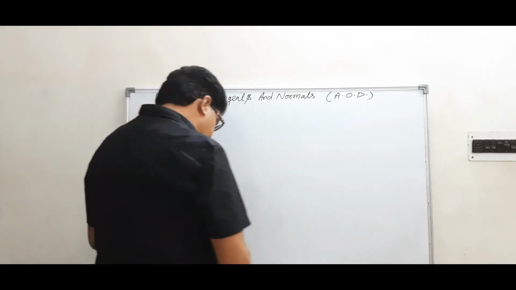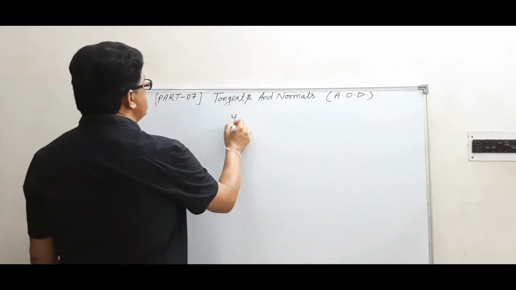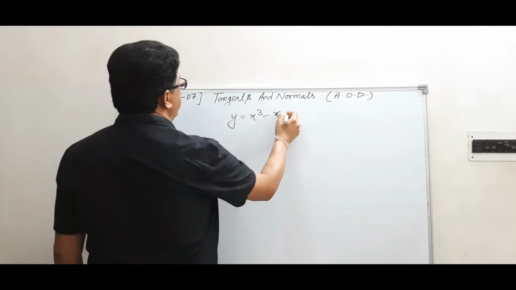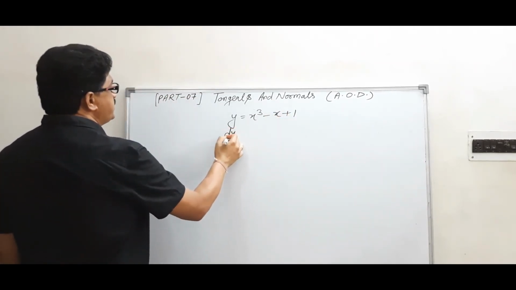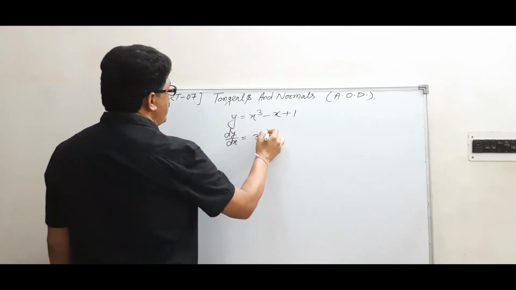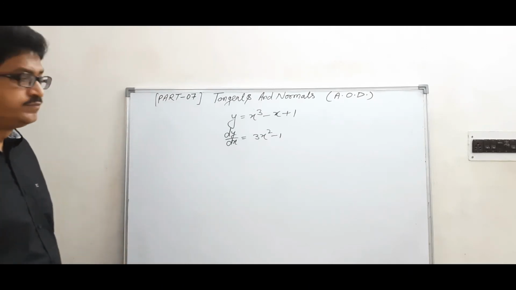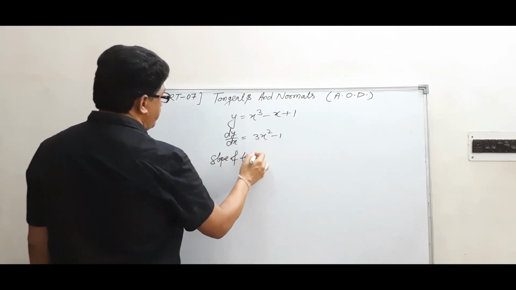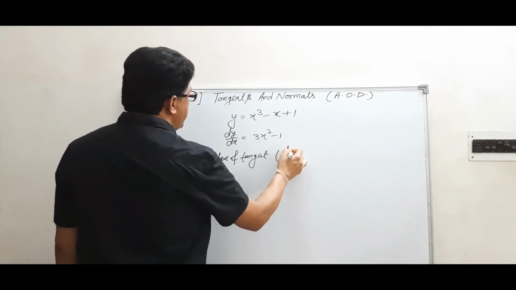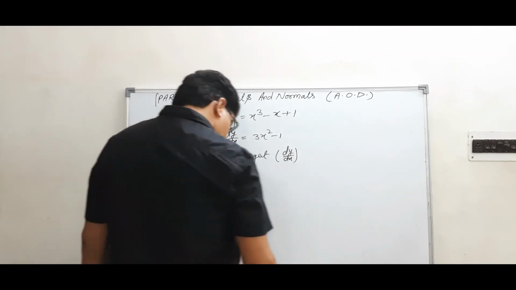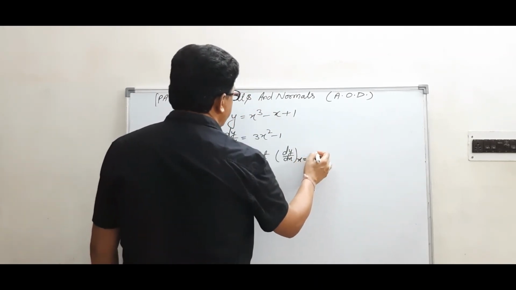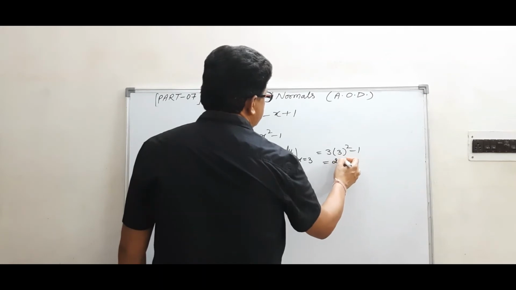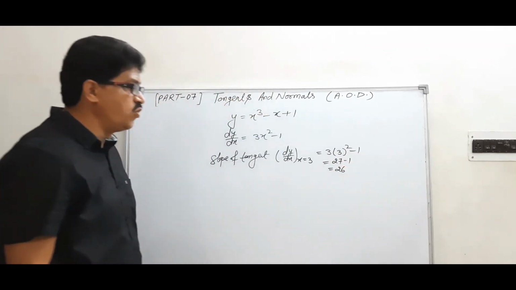In the same way you can find the slope of tangent. y equals x cube minus x plus 1, so dy by dx is 3x square minus 1, and slope of tangent is dy by dx at x equals 2: 3 into 2 square minus 1, 12 minus 1. So we can find the slope of tangent.